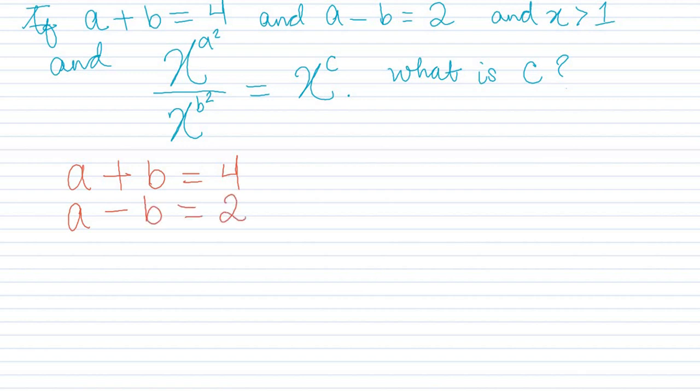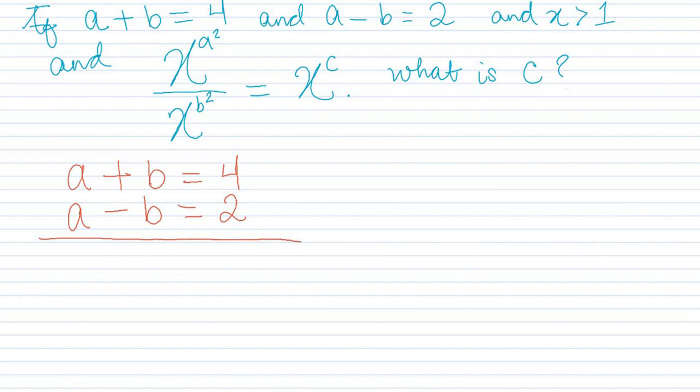Well, this question involves a system of equations. And during your ACT practice, it's very important for you to know that you should do as many system of equations questions as possible, because you're going to get questions like that on your test.